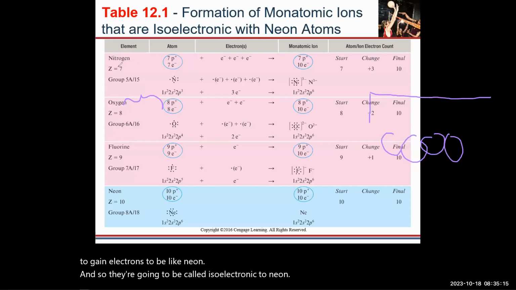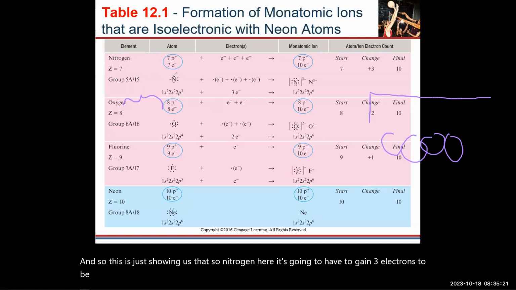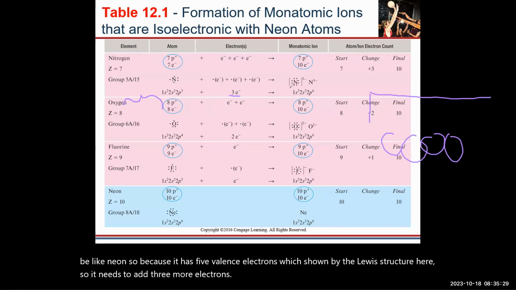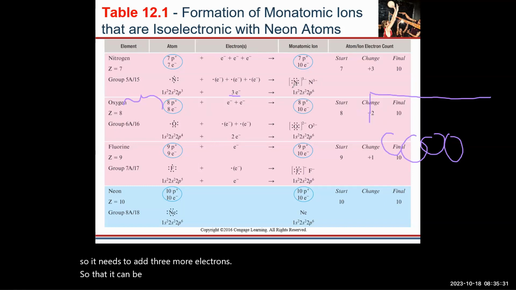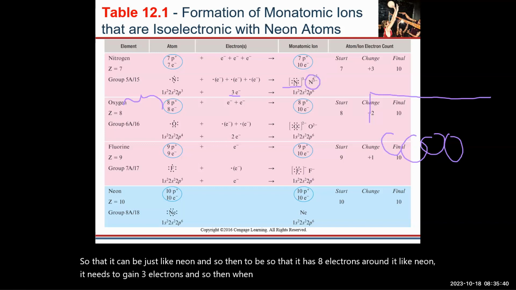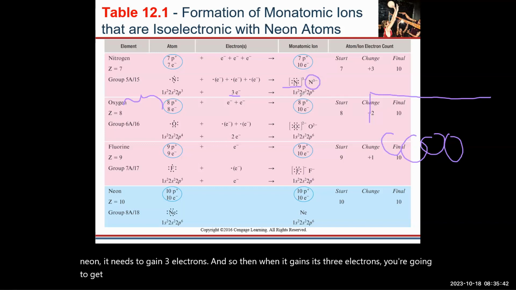So nitrogen here, it's going to have to gain 3 electrons to be like neon, because it has 5 valence electrons, shown by the Lewis structure here. So it needs to add 3 more electrons so that it has 8 electrons around it, like neon. And so when it gains its 3 electrons, you're going to get N3 minus.